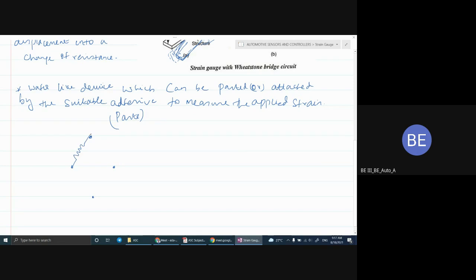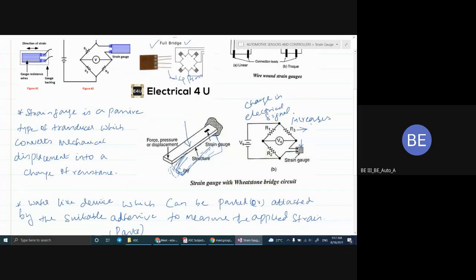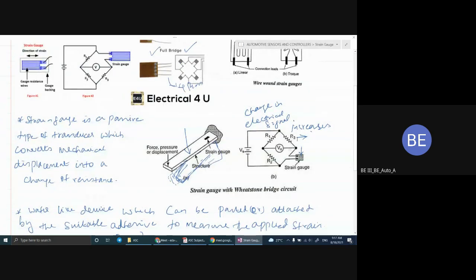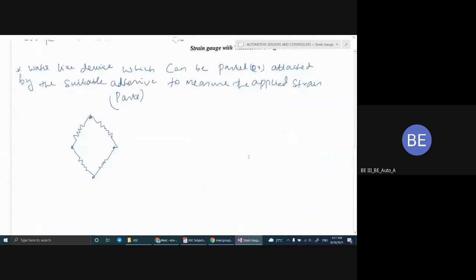There will be some resistance. This is called the Wheatstone bridge. The change in resistance is measured using the Wheatstone bridge circuit. This strain gauge is also connected using this Wheatstone bridge network circuit.